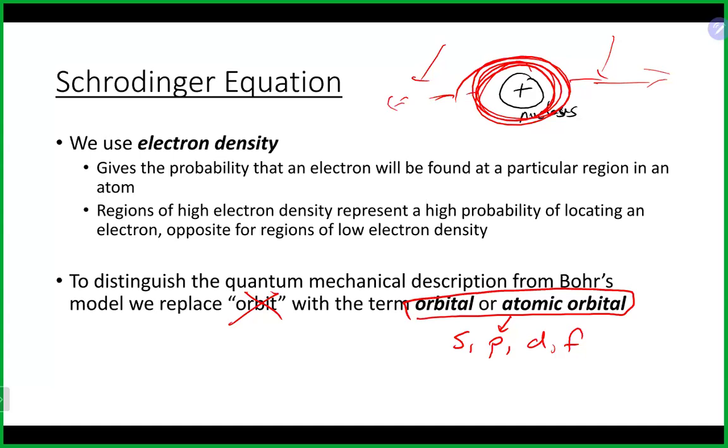So once again, we have now moved completely away from Bohr's model of electrons in orbits to this more quantum mechanical model where we find electrons in probability maps known as orbitals. Any questions on that there?